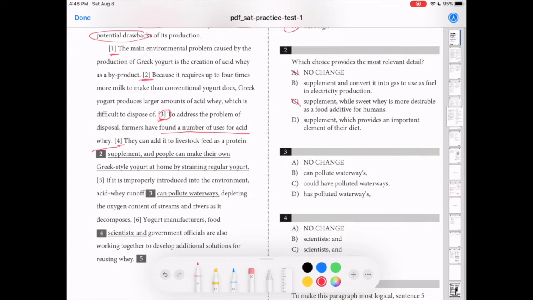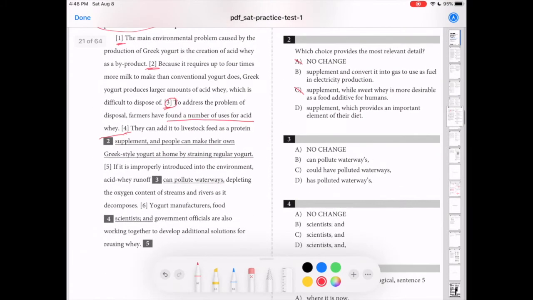And choice D elaborates on the first option as protein feed. And this is informational and it looks good, but it does not provide a number of uses as the previous sentence had stated. So this one was quite tricky, but the answer is actually B, because gas is actually another use, and it supports the sentence that was talking about found a number of uses for acid whey.